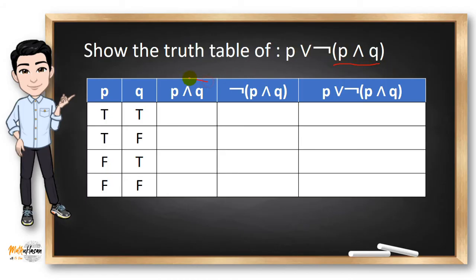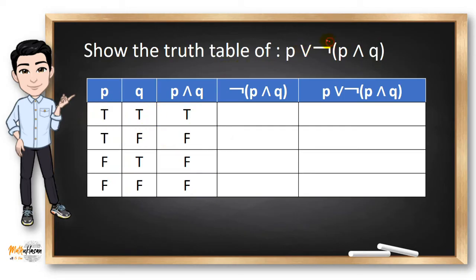That is why here we have the first column as P and Q. Now, imagining that we have a conjunction here, what are the possible values of this first column? So T and T is true, so these three remaining cells are false because in conjunction, it's only true if the two propositions are true.